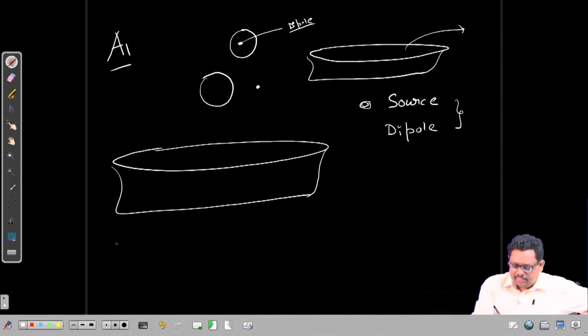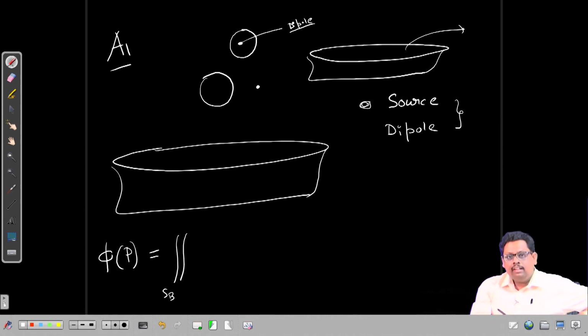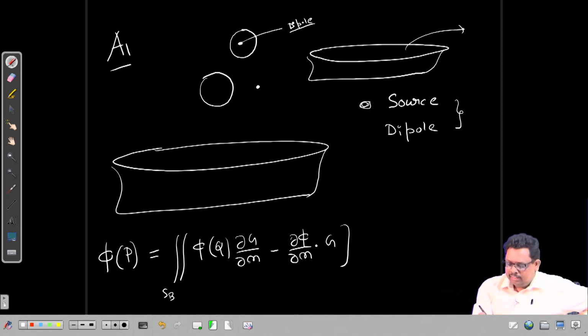The integral equation: phi p is equal to the integral over S b of phi q into del g del n minus del phi del n into g, integrated over S in dsp.